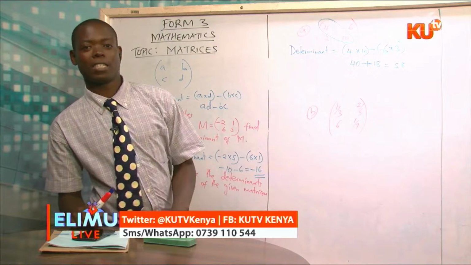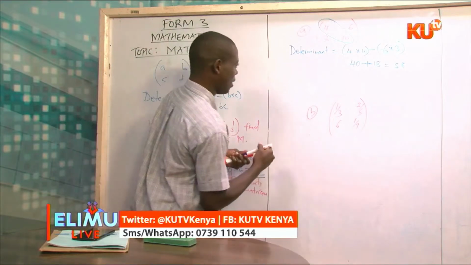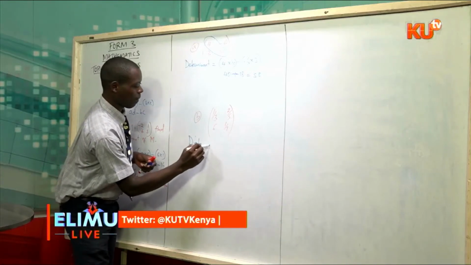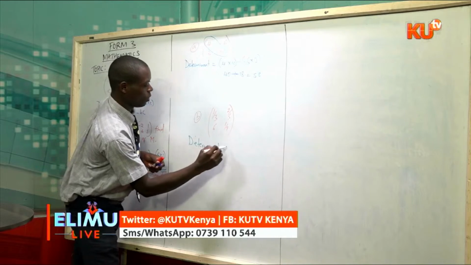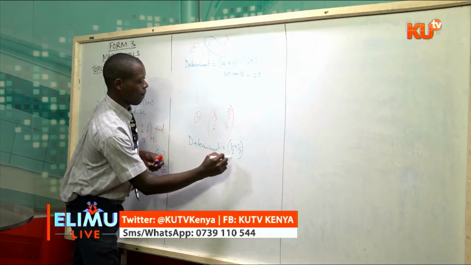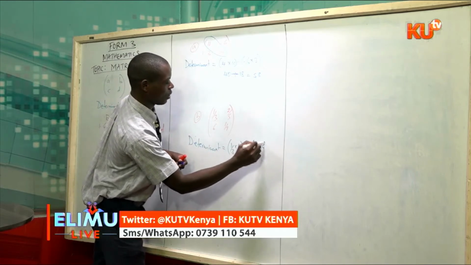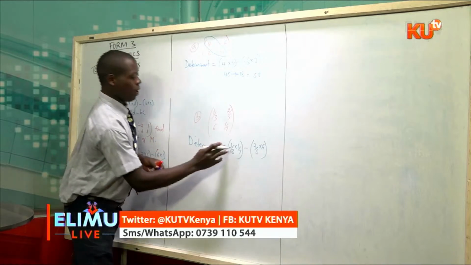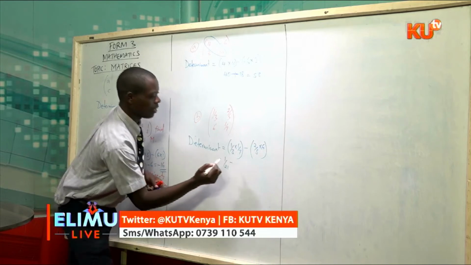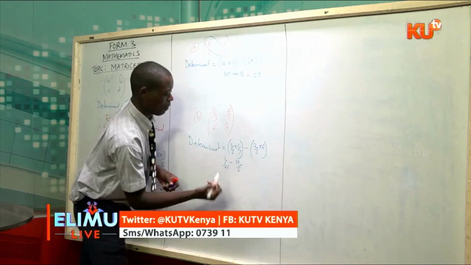We will work it out the same way: the determinant of this matrix will be equal to 1/3 times 1/7, then we minus 2/5 times 6. 1/3 by 1/7, that is 1/21. We minus 2/5 by 6, which is 12/5.